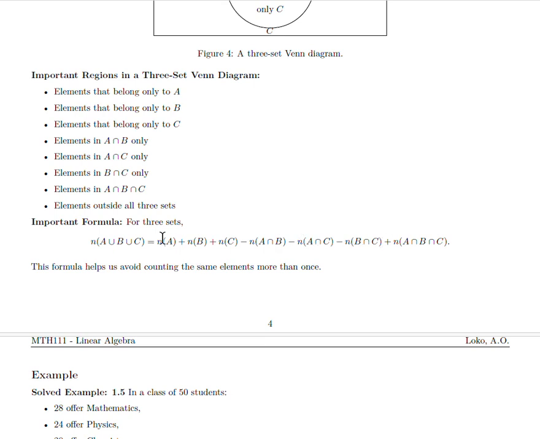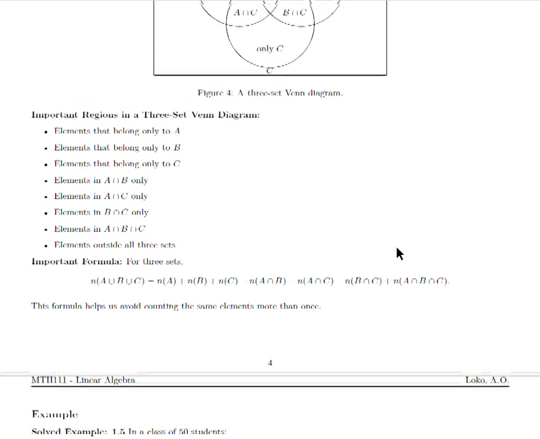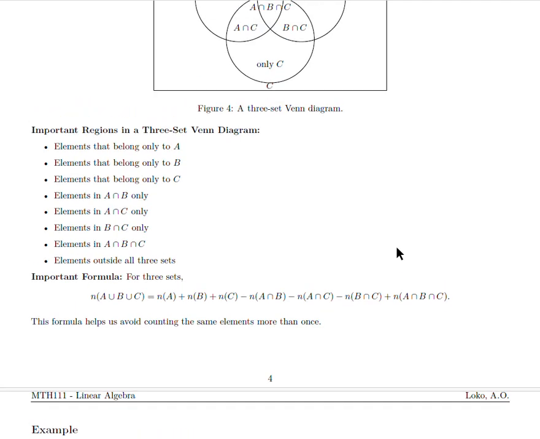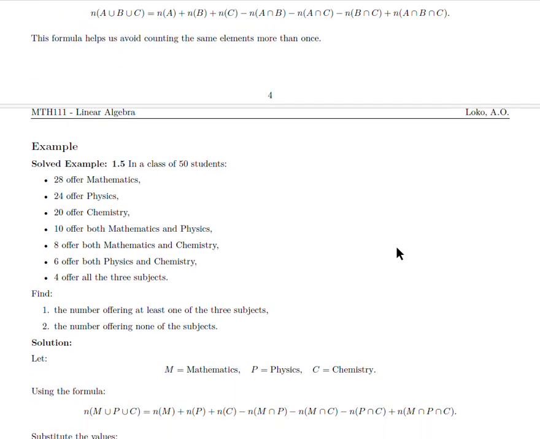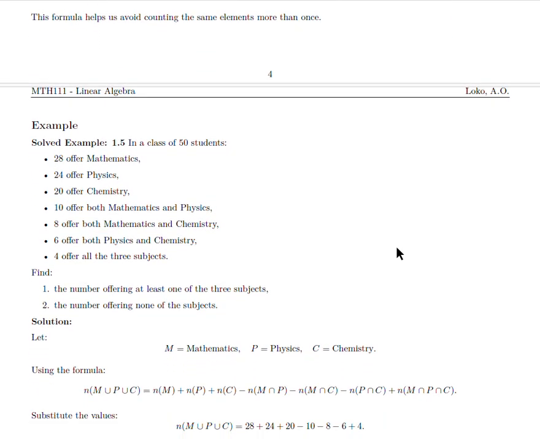The formula simply says we sum up the cardinality for each of the sets, that is cardinality for A plus cardinality of B plus cardinality of C. Then we subtract all intersections: the intersection for A and B, intersection for A and C, intersection for B and C, and then we add the intersection for the three sets. So that's the summary of the formula. Let's see an example and we round up the Venn diagrams.